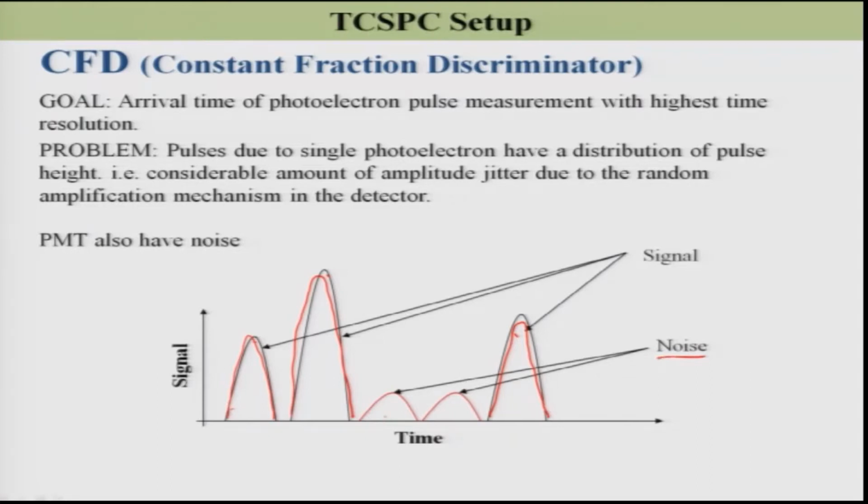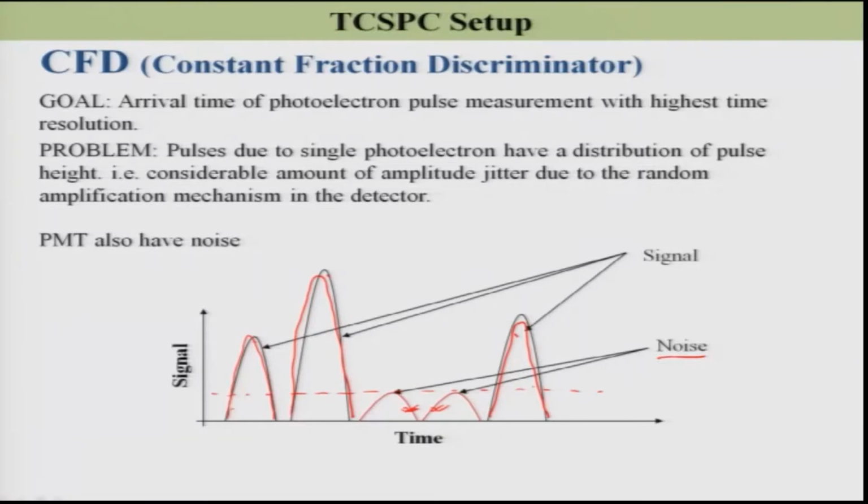So, if I want to get the timing of the arrival of the photon, then I should not detect these signals, because these are noise. So, what should I do? I should put a threshold electronically over here and say that if a signal is more than this noise, then it is my signal, otherwise it is noise. I am not going to consider those as signal.